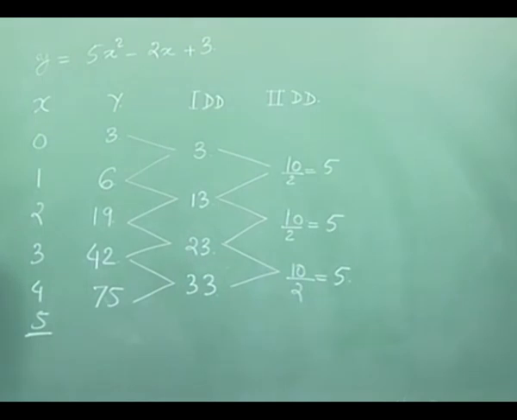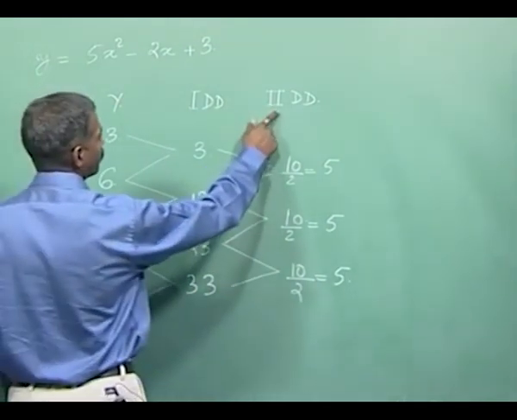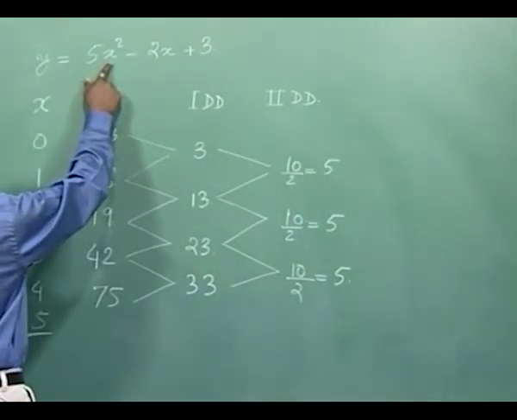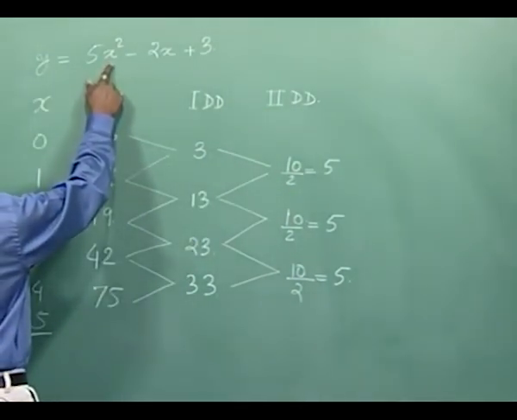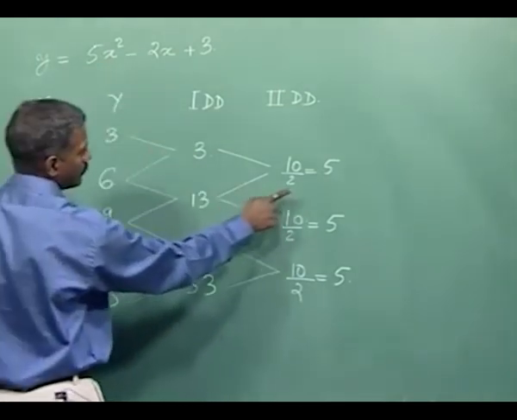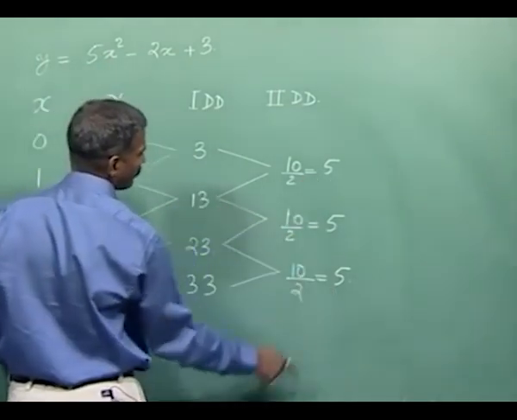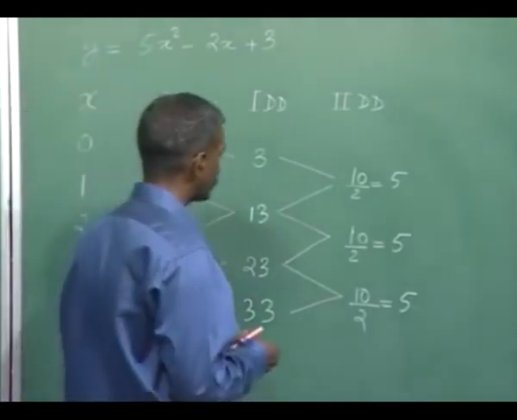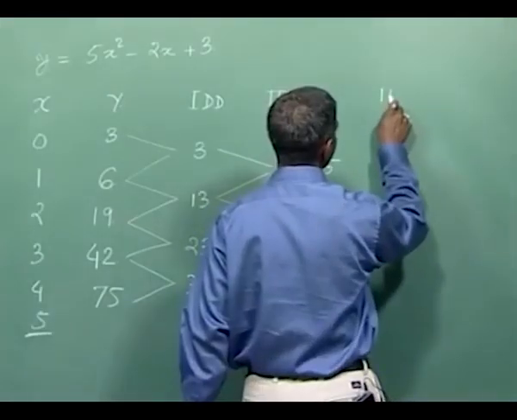Recall what I had previously mentioned. The second divided differences of a degree 2 polynomial are all equal, 5, 5, and 5. What do you have to say about the third divided differences?